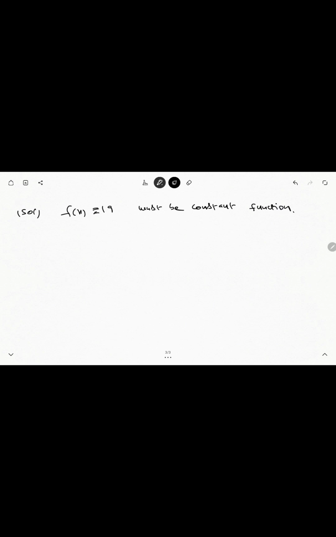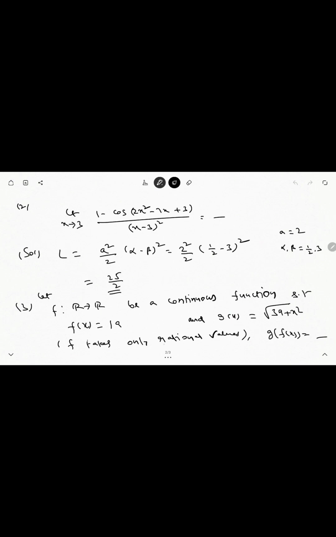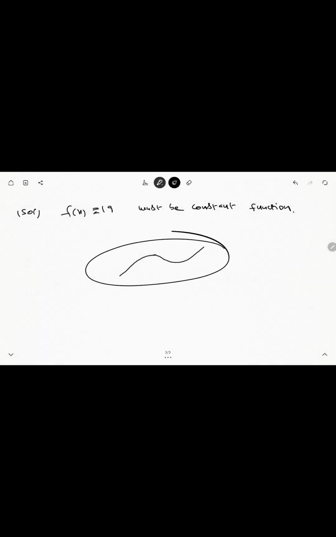Understood? Because suppose it is not a constant function, then it should go like this. Suppose somewhere it is 19, again it is coming like this. But what is given there? F of x takes only rational values. So that is wrong. There is a contradiction for that statement. That's why I can't draw like this.